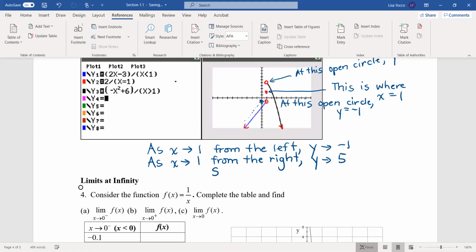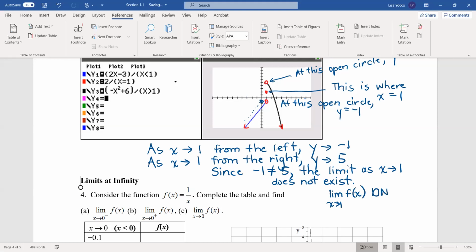All right, so I'll say since -1 and 5 aren't the same, we'll say the limit as x approaches 1 does not exist. And a little more formally, we'll say the limit as x approaches 1 of my function DNE. All right.